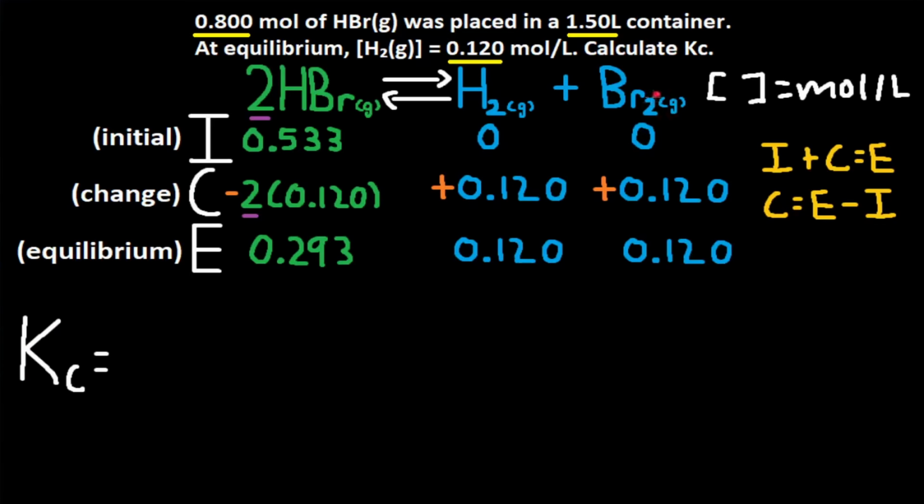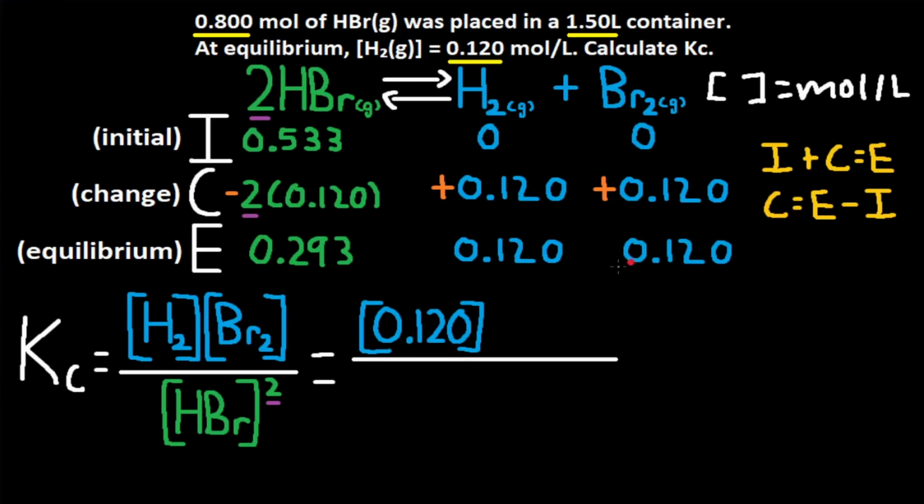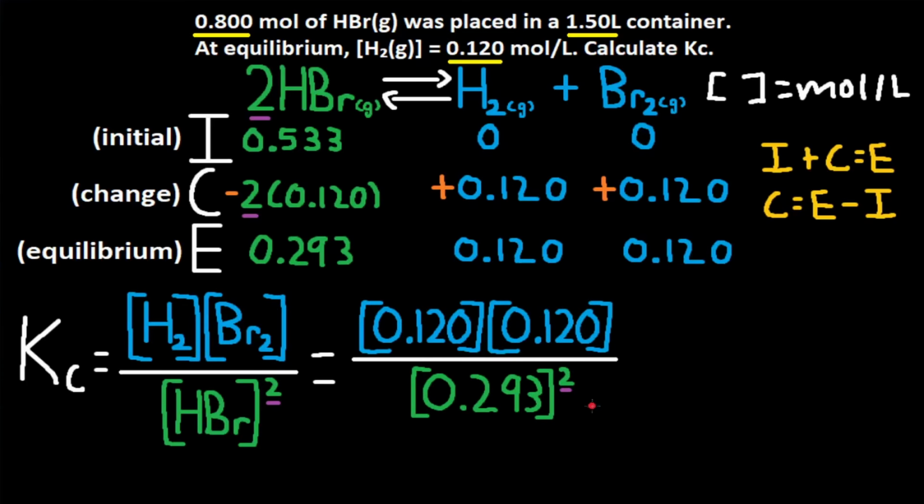Kc is equal to products divided by reactants, so we have H2 multiplied by Br2 divided by HBr to the power of 2, since it has a coefficient of 2, and we plug in the numbers we have available. So we have 0.120 multiplied by 0.120 divided by 0.293 to the power of 2. Using your calculator and calculating this out, we get a Kc value of 0.167.